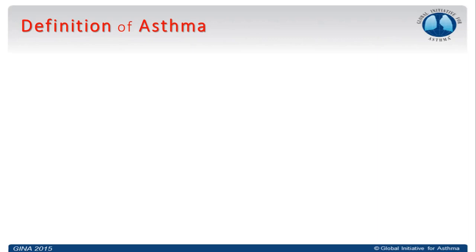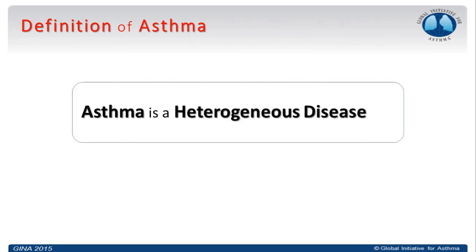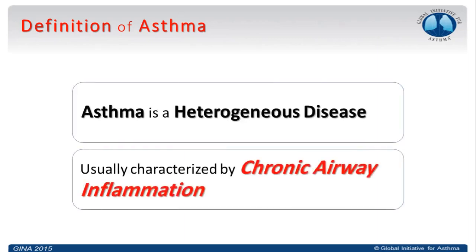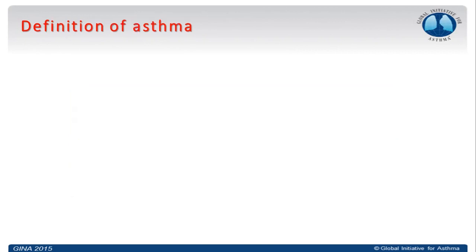Definition of asthma. Asthma is a heterogeneous disease characterized by chronic airway inflammation.